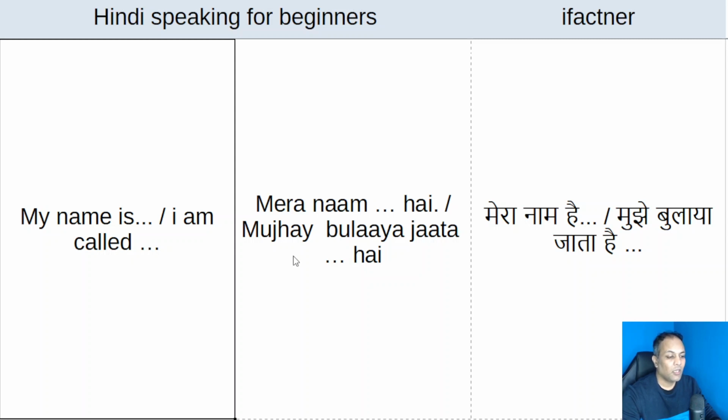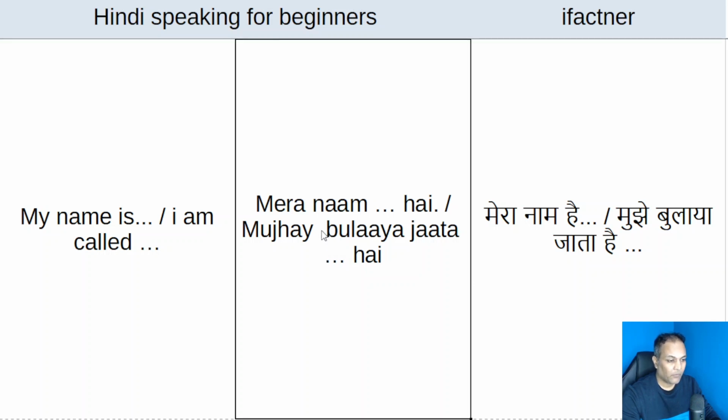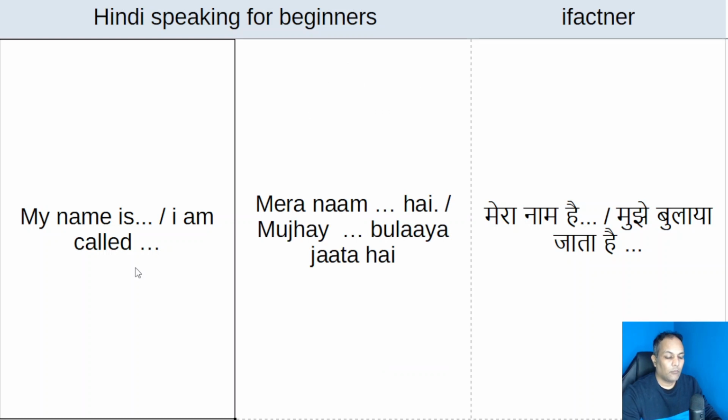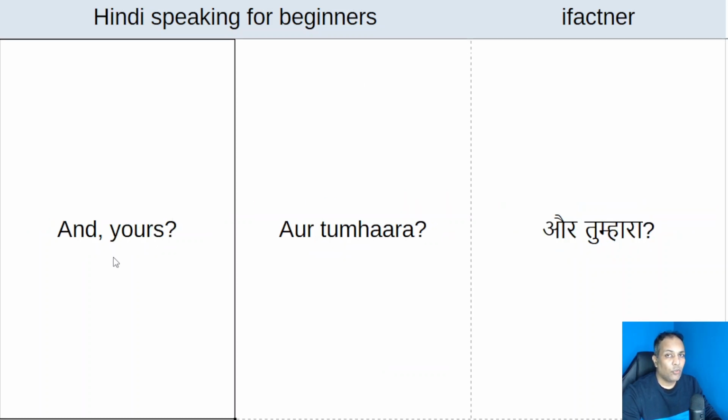So in Hindi and Urdu, we will say, मुझे dash बुलाया जाता है. So you will say मुझे, whatever is your name, बुलाया जाता है. And now you are asking their name.